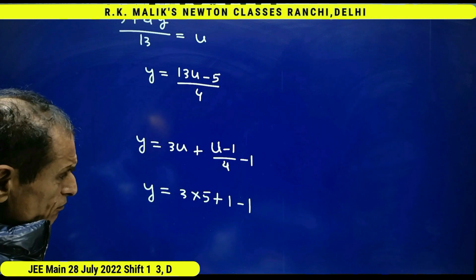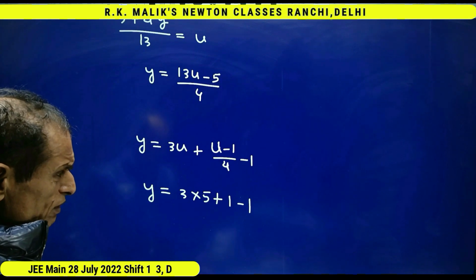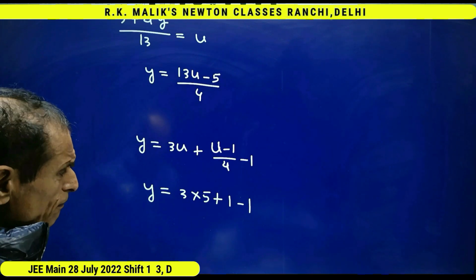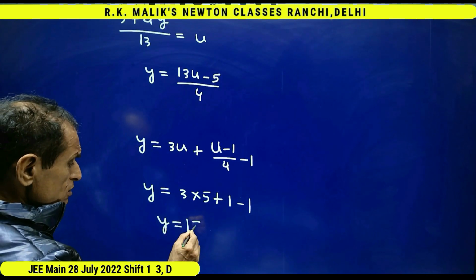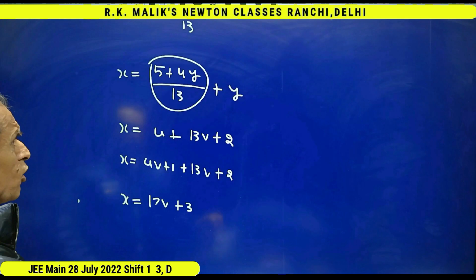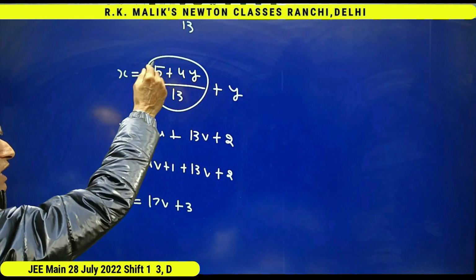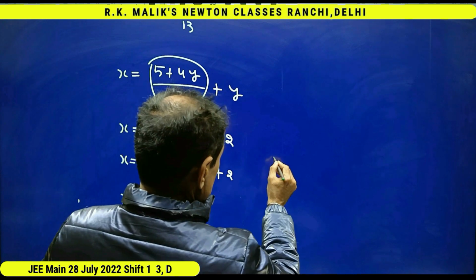Actually those are the same. What is the meaning of my statement, you will understand when I complete this. Now I have got the value of y as 15, and now put this value of y here and get the value of x.